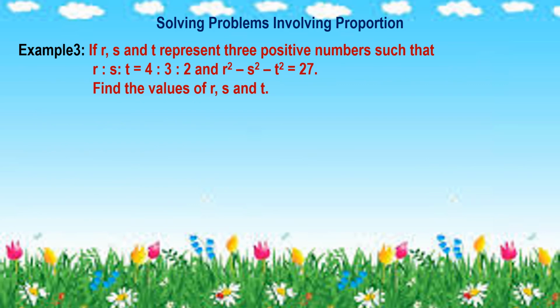Example number 3. If R, S, and T represent three positive numbers such that R is to S is to T is equal to 4 is to 3 is to 2, and R squared minus S squared minus T squared is equal to 27, find the values of R, S, and T. So for our solution, we have R is to S is to T is equal to 4 is to 3 is to 2.